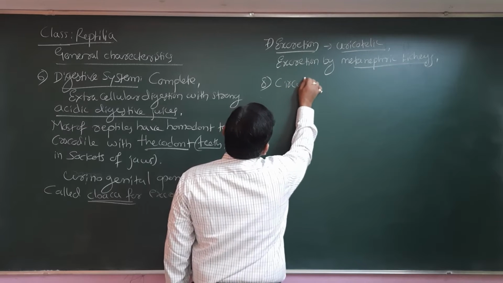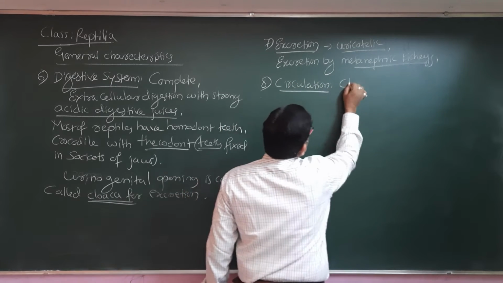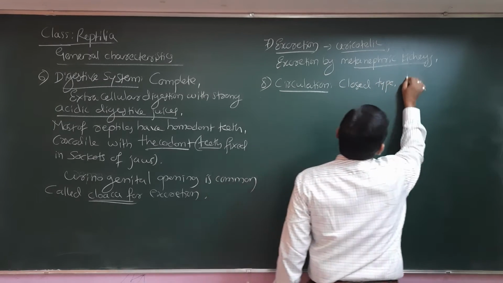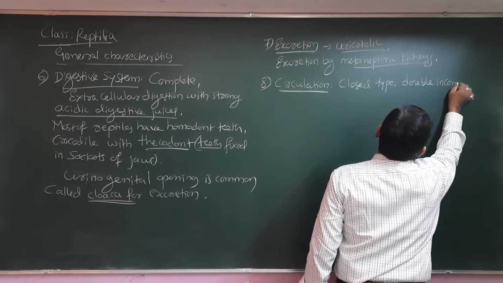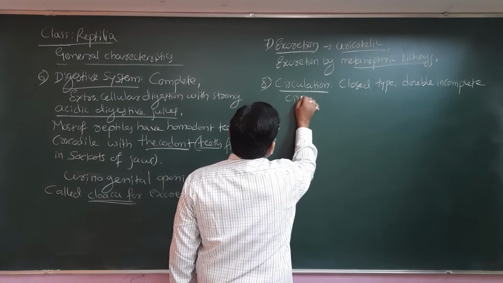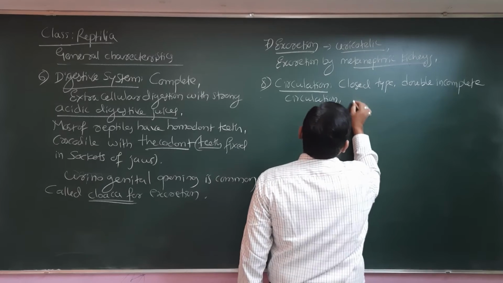Now, number 8, circulation. Circulation here is of the closed type, double incomplete circulation, similar to that of the amphibians.